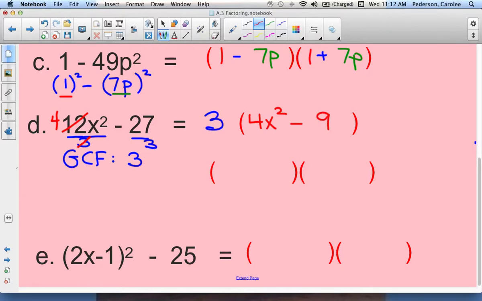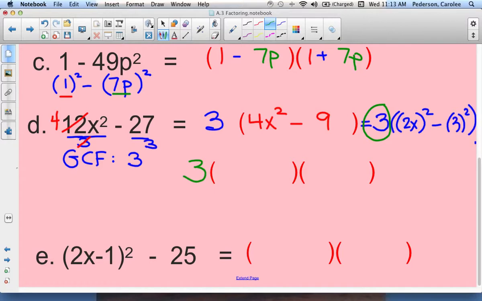Now we're going to go inside of the parentheses and factor that using the difference of two squareds. So I can rewrite that parentheses as 2x squared, and then 9 can be written as 3 times 3. Students sometimes forget that 3 in front, so don't forget that.